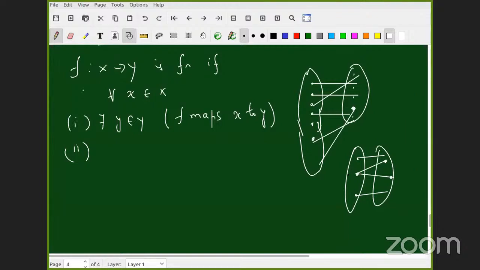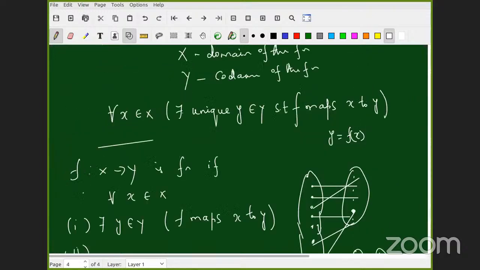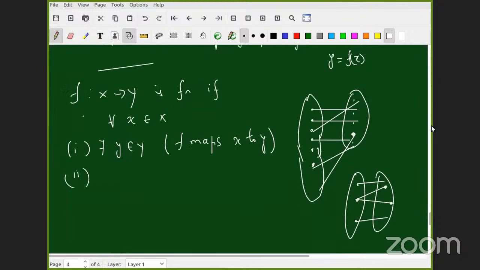Still one of you is saying yes. Okay, good, now he has changed. Why? This is a single x, but I have two different images. I can't have this. A single x cannot be mapped to two different elements.